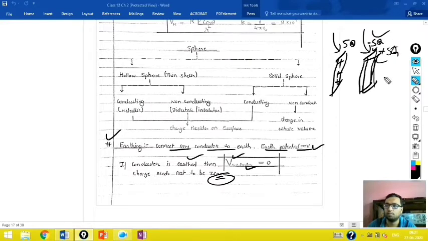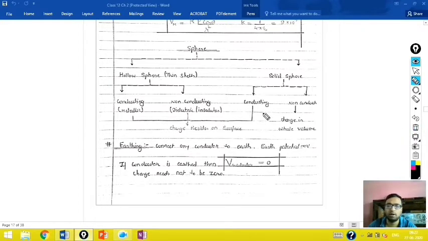If you connect that metal with the earth, the outer surface will have 0 potential, but the whole plate will not have 0 charge, it will have minus 5 coulomb charge. How this happens, we will discuss when we learn about capacitors.